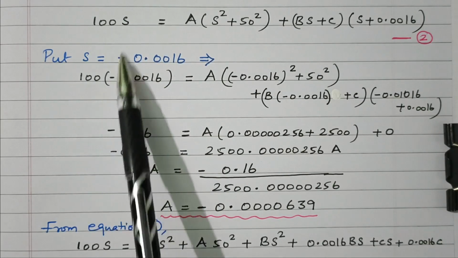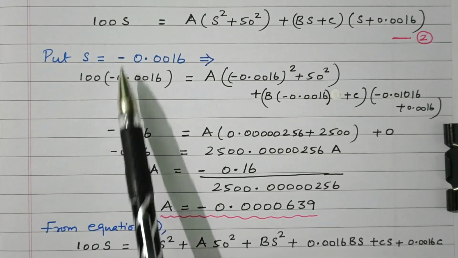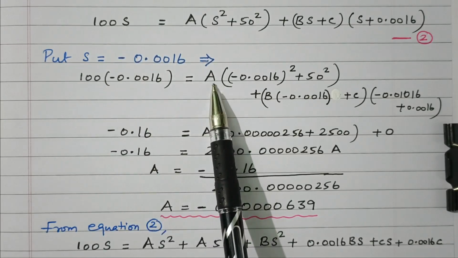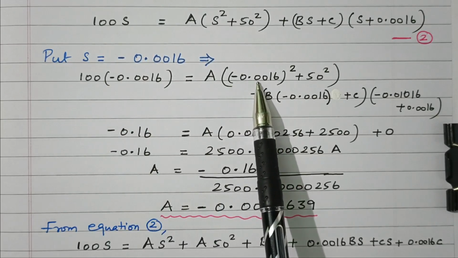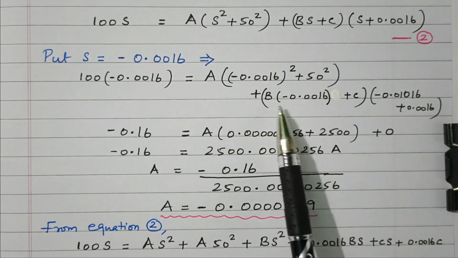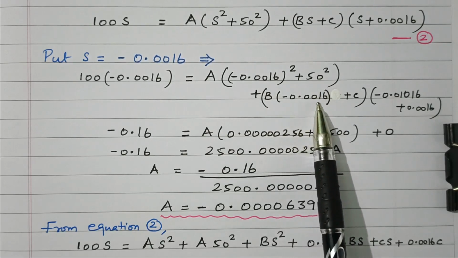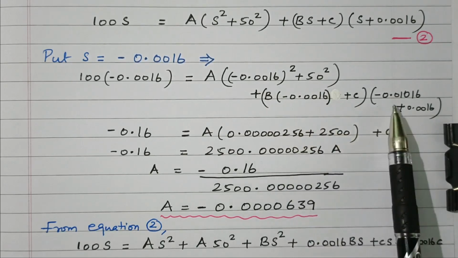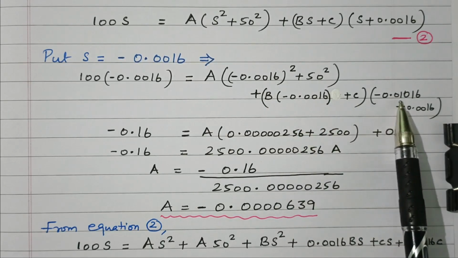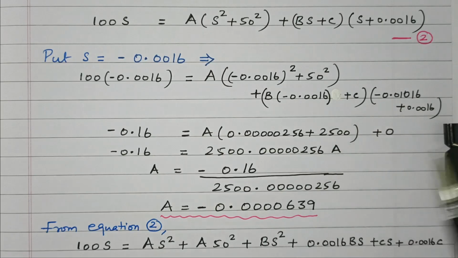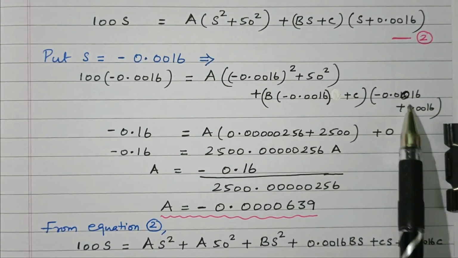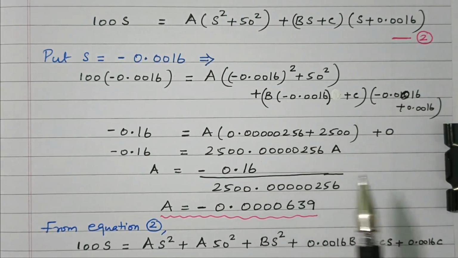So 100 into s is minus 0.0016 equal to a into s square minus 0.0016 square plus 50 square plus b into s minus 0.001s plus c into s plus 0.0016. S is minus 0.0016, right. So these two terms got cancelled, it becomes 0.